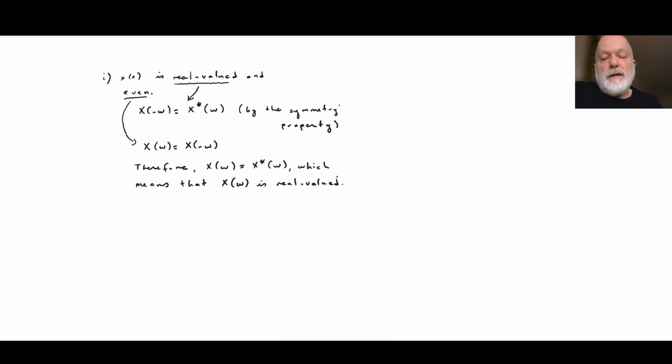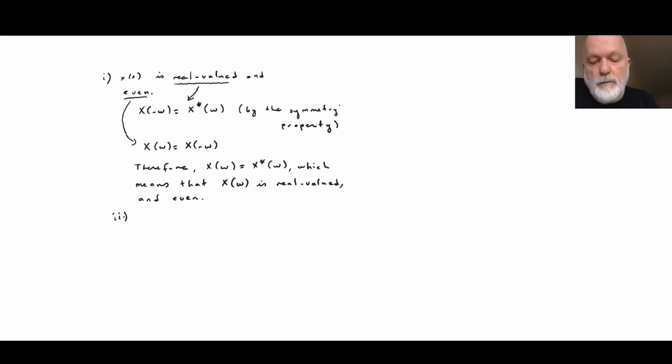So if the signal is real valued and even, the Fourier transform turns out to be real valued and also even, because we already have that property satisfied. Real valued and even.